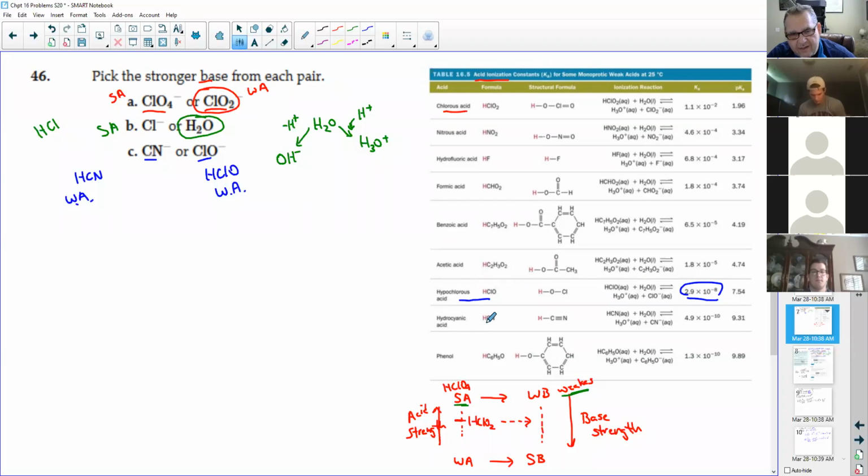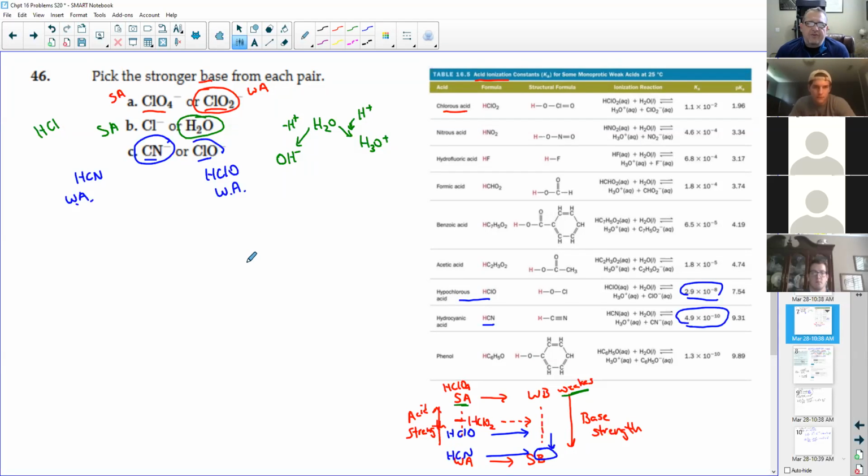And hydrocyanic acid, also called hydrogen cyanide, is 4.9 times 10 to the minus 10th. So the HCN would be down here at the bottom and the HClO would be a little higher up. Going to the conjugates on the other side, the one that's further down is going to be the strongest. So that would make the HCN's conjugate the stronger of that pair.